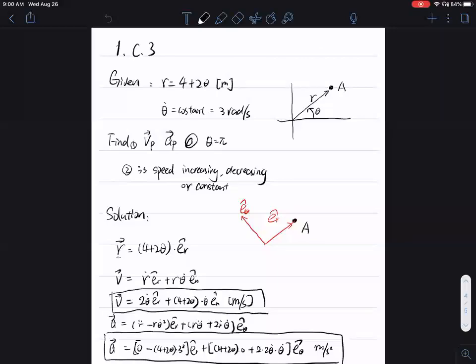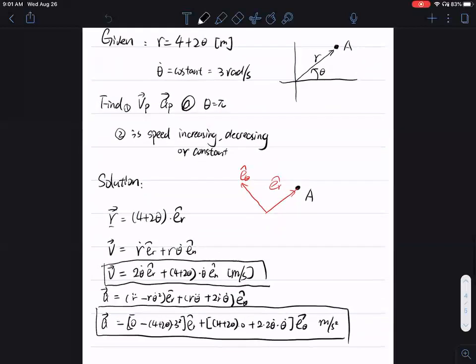So in 1C3, we finished the first part of that example, which is to find the velocity and acceleration for particle P at a certain angle.